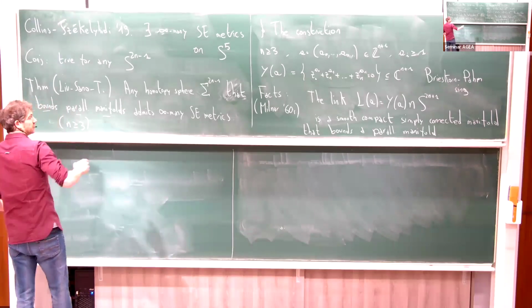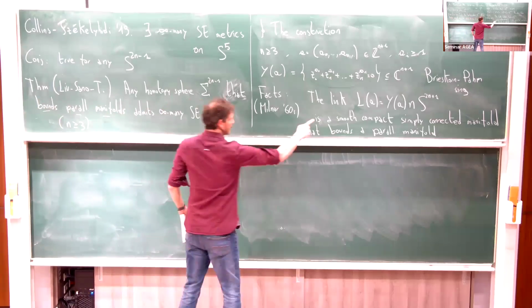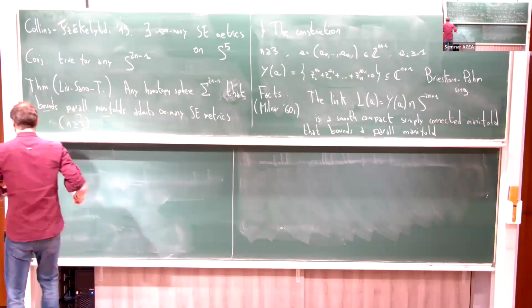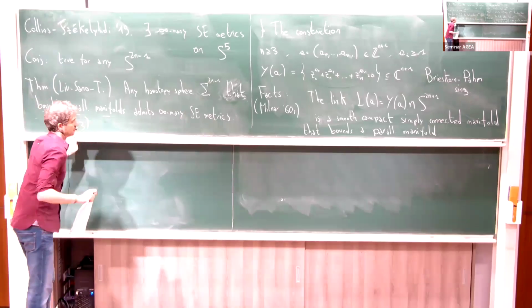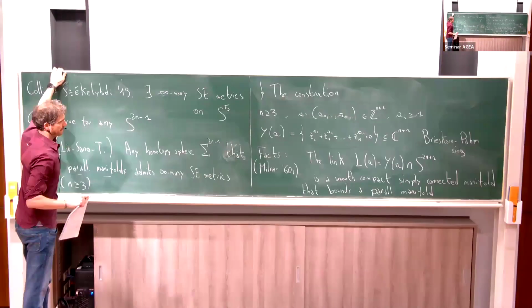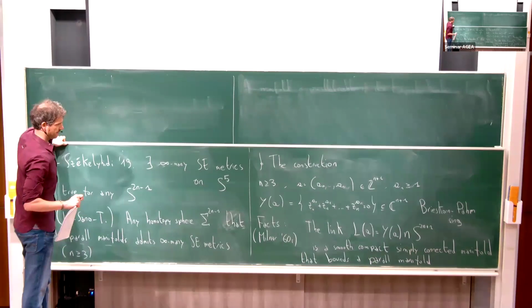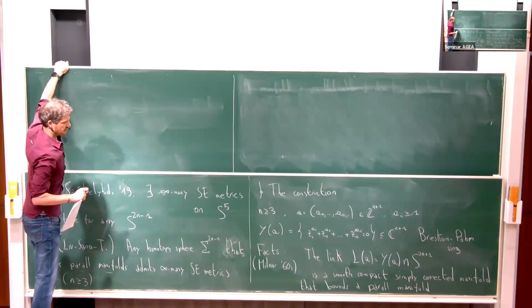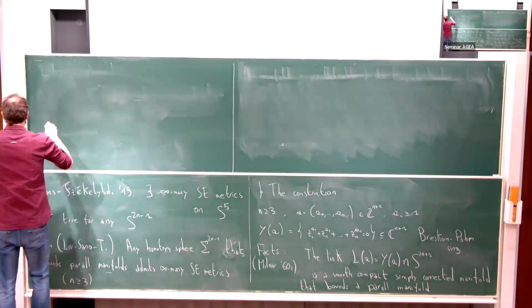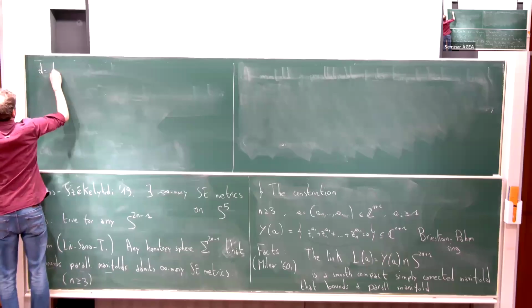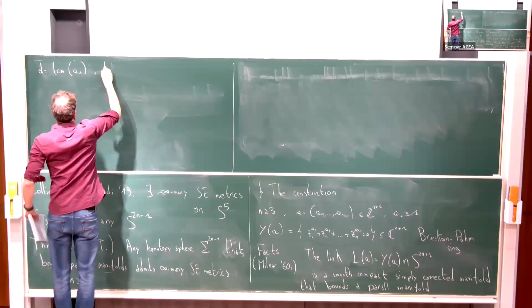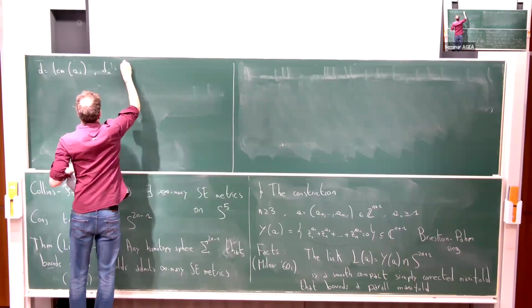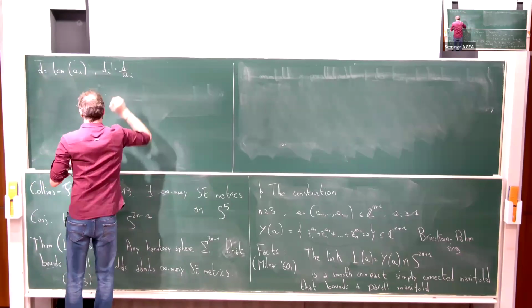Okay, so now how do we pass from this guy to something that we understand? And the trick is this. We take D, the least common multiple of the a_i, and then d_i is going to be D over a_i.